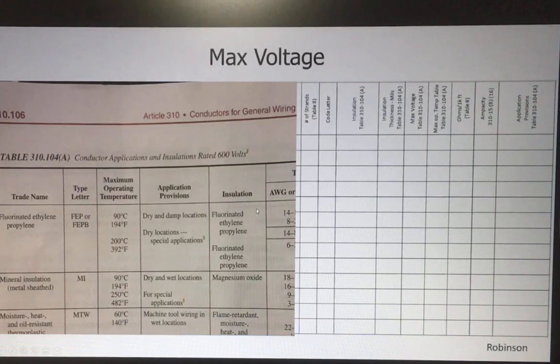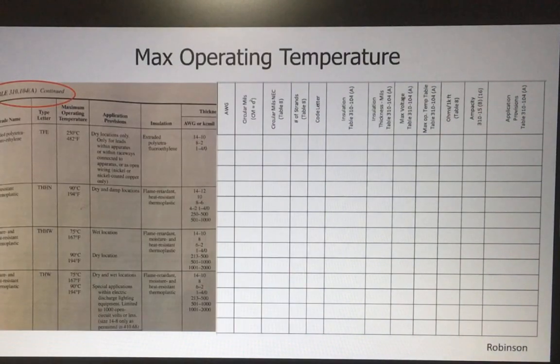And then you have the max operating temperature and voltage. So all your wires are going to be 600 volt. Just make it simple because that's what they're going to be, unless you pick out some kind of crazy high voltage cable. Max operating temperature.